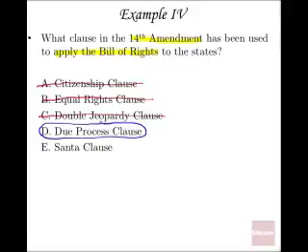The Supreme Court has used this 14th Amendment due process clause to apply the separate sections of the Bill of Rights to the states. And clearly, Santa Claus has not been used to apply the Bill of Rights to the states, because, hate to burst the bubble here, Santa Claus does not exist.